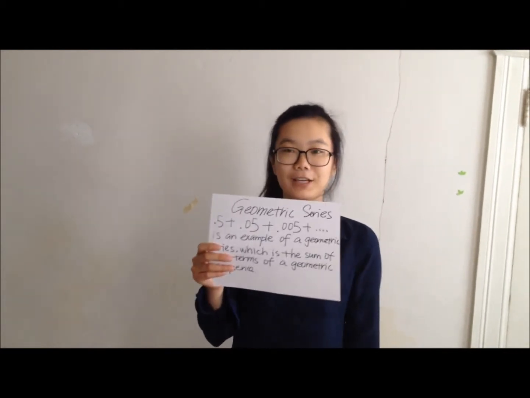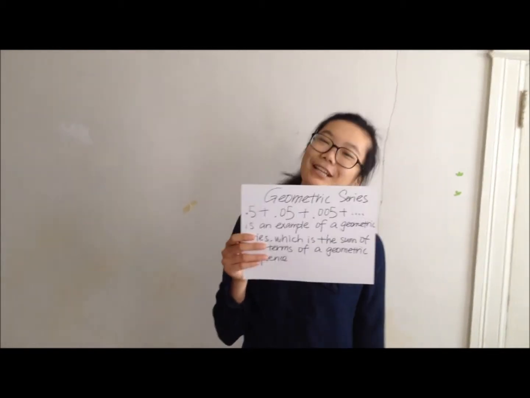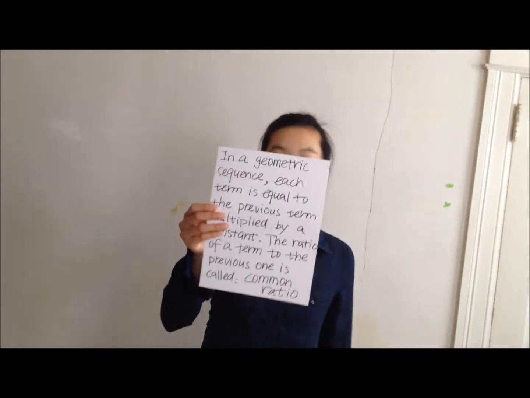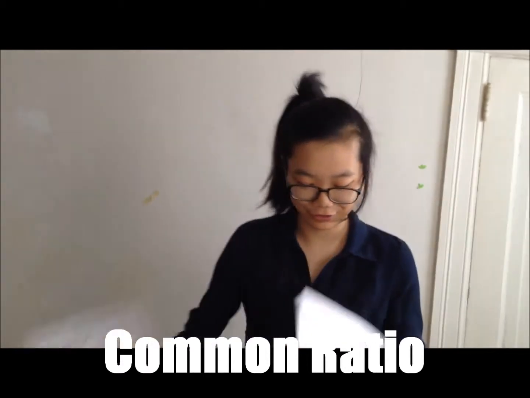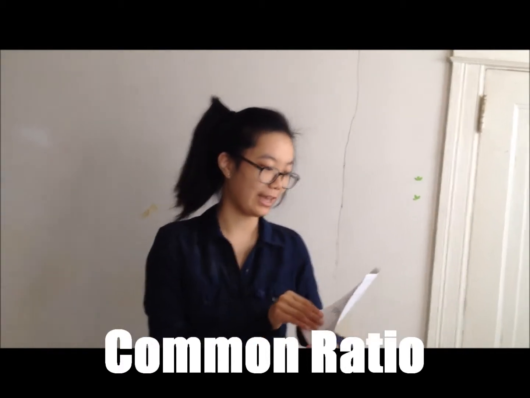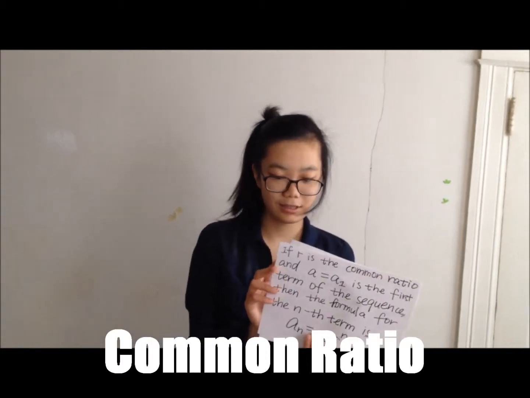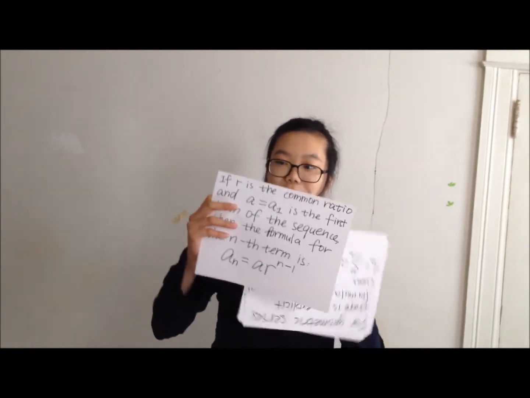Okay, so let's see. In a geometry series, each term is equal to the previous term multiplied by a constant. The ratio of the term to the previous one is called common ratio. Okay, so let's see what is the equation of that.